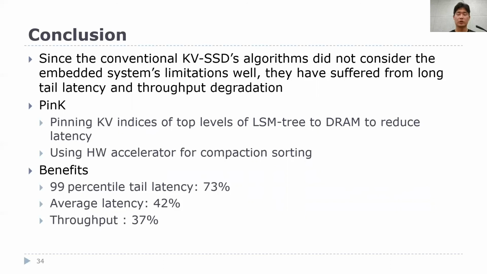Also, PinK adopts a hardware accelerator to reduce the CPU overhead of sorting in compaction. Additionally, it suggests several optimizations for LSM-tree-based KV-SSD. As a result, PinK shows 73% and 42% improved latency at the 99th percentile and average latency, respectively. Also, PinK's throughput is 37% higher than conventional algorithms.